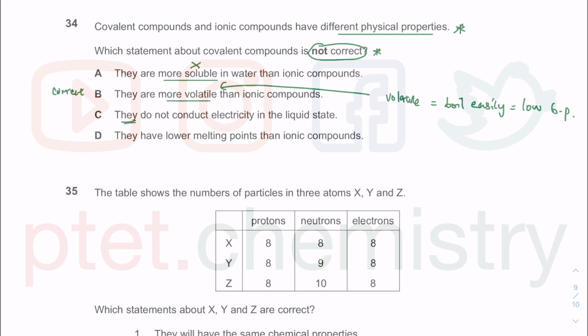They refer to covalent compounds. They do not conduct electricity. So this is correct, whereas ionic compounds conduct electricity in a liquid state because you have free ions. They refer to covalent compounds, lower melting point, that is also correct. So I was correct that option A was definitely incorrect based on what the question wants.